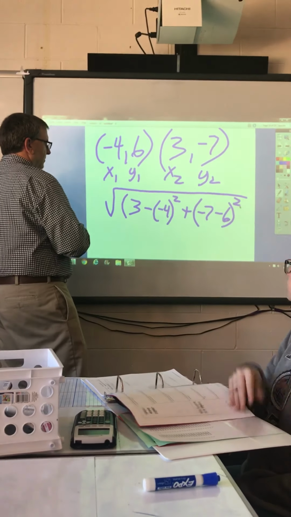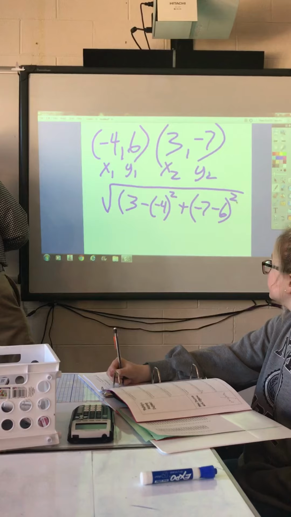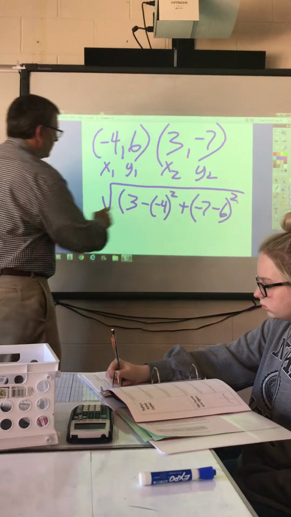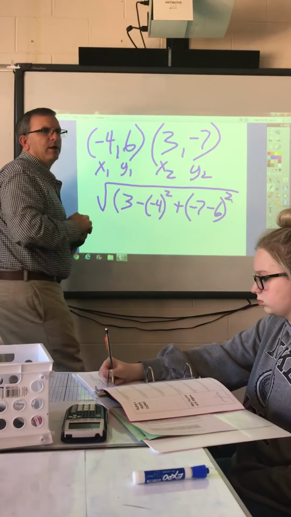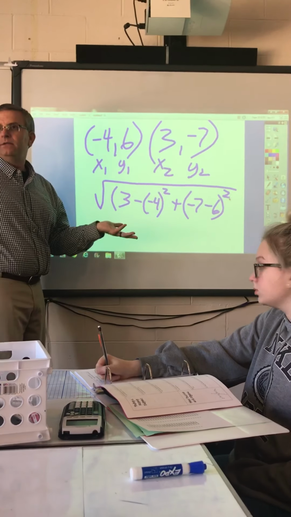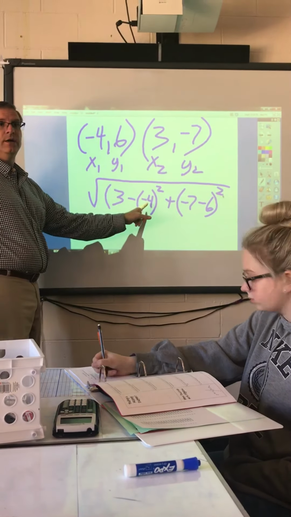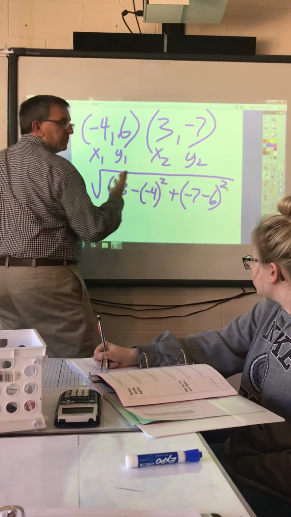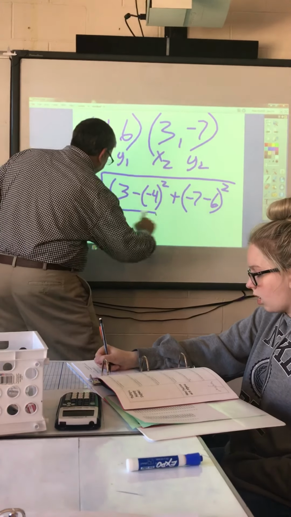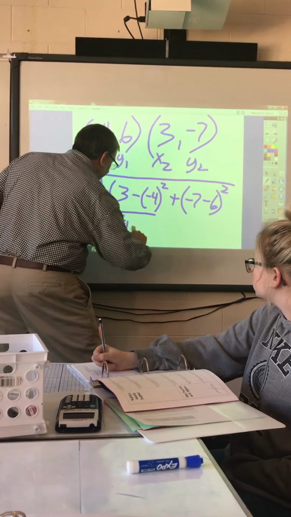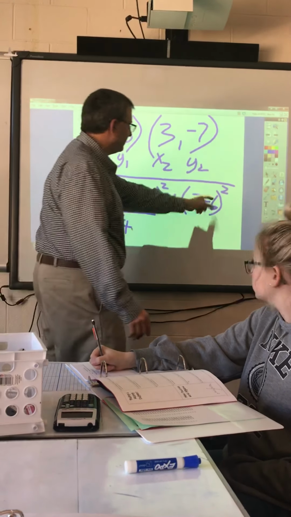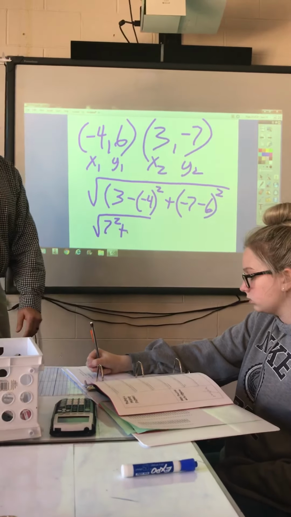So now I have 3 minus a negative 4. What happens to the 4? Plus. So 3 plus 4 is 7. So I have the square root of 7 squared plus negative 7 minus 6, negative 13.